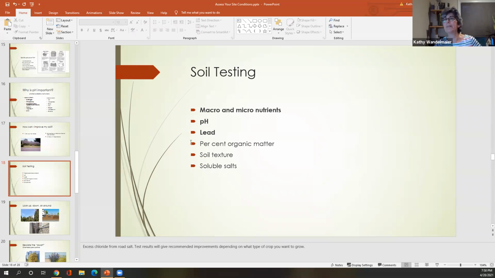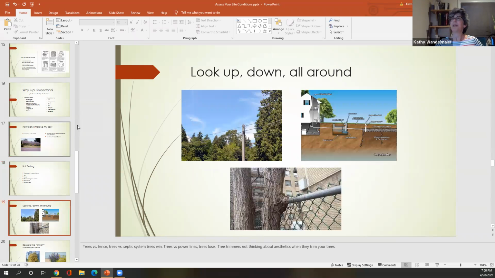All right, brain freeze, sorry. Okay, I want to talk a little bit more about siting and conditions that have nothing to do with the previous things that we've talked about. Thinking in particular about planting trees, you really need to look up and down and all around before you plant a tree. Obviously, do not plant trees under telephone lines.